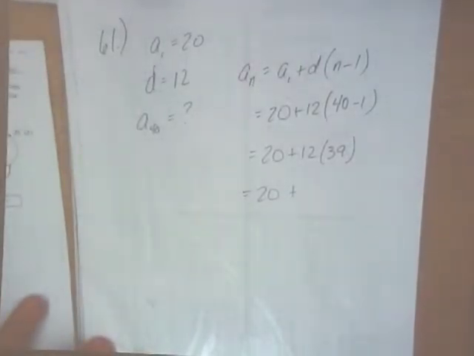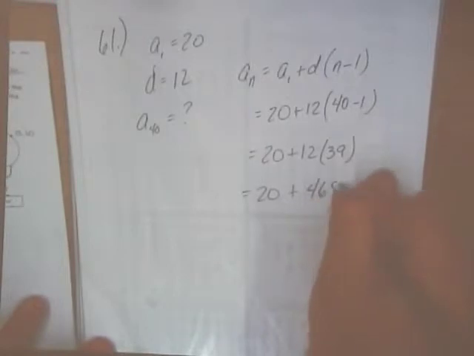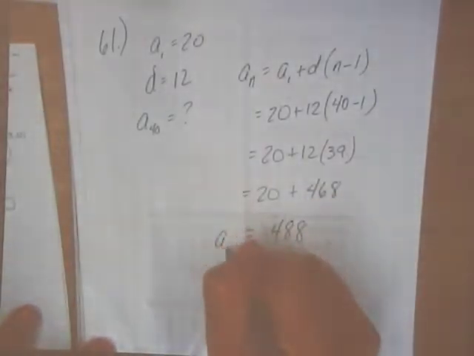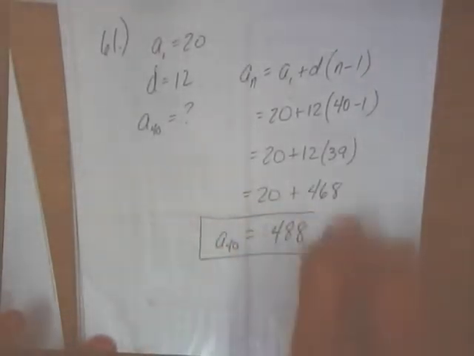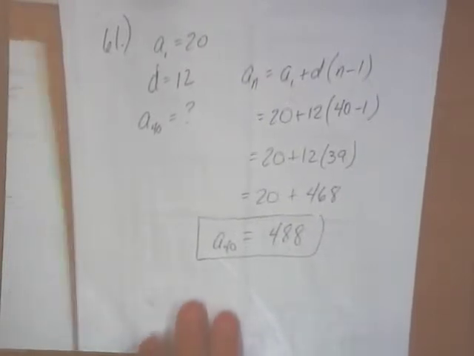What is that? 468, so 488 cans, 488 cans are on that 40th row. Okay. Questions?